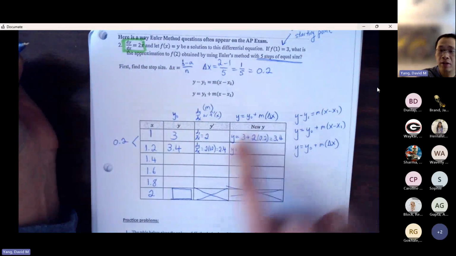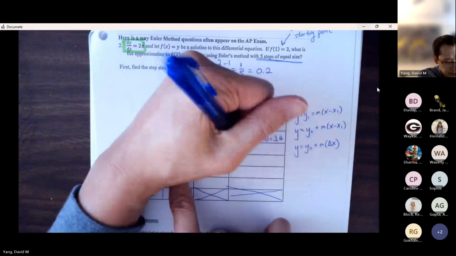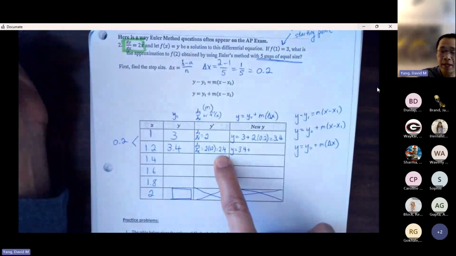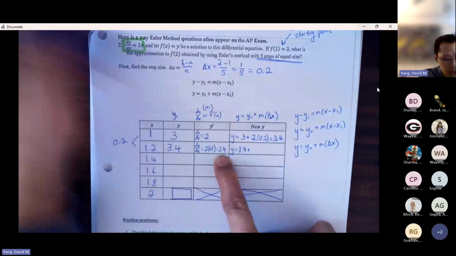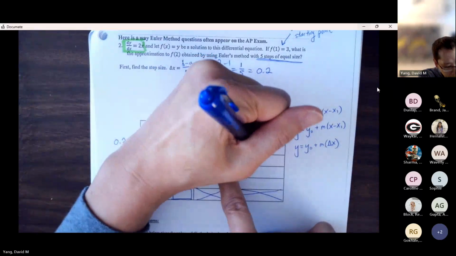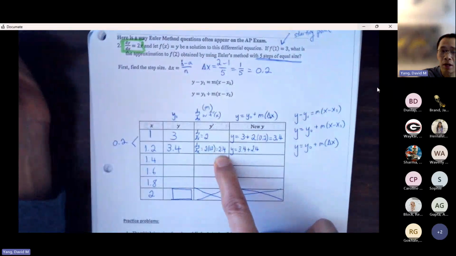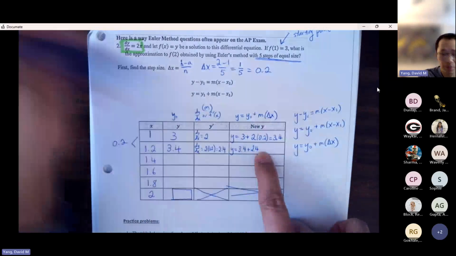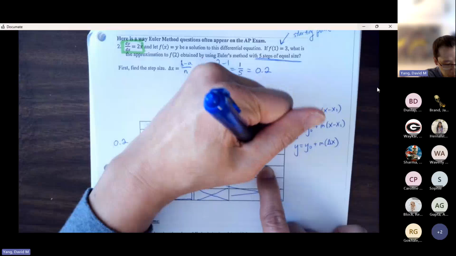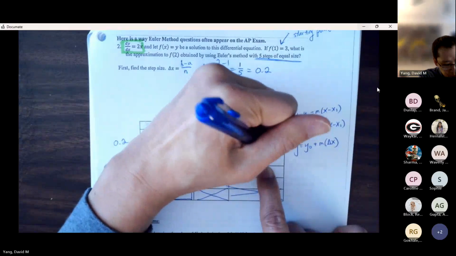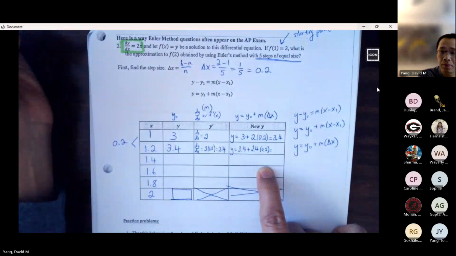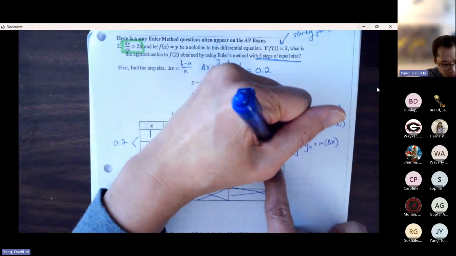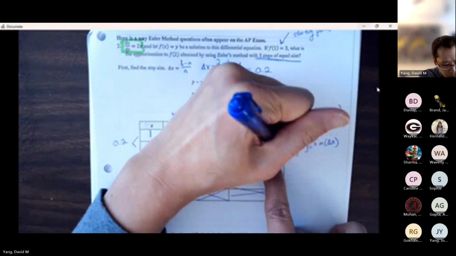Our current y value is 3.4. Our updated slope is 2.4. And our step size is always going to be the same, 0.2. Well, for this problem, 0.2. All right, calculator, we get 3.88.